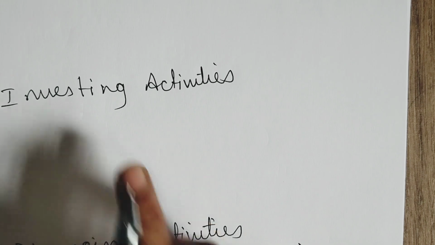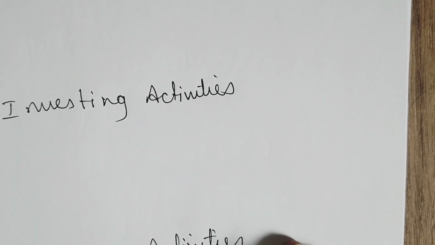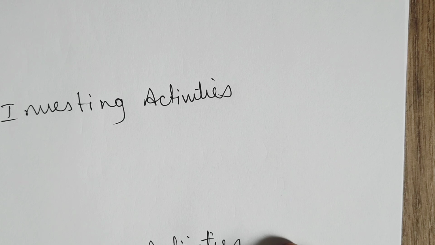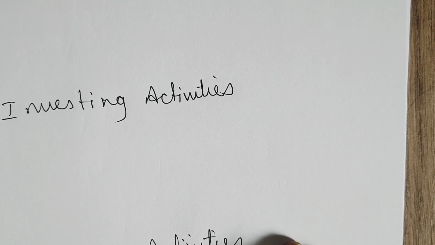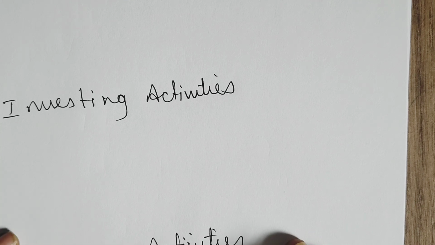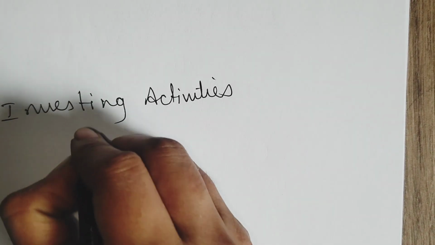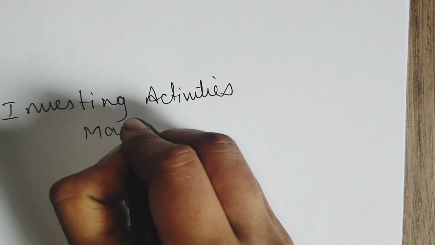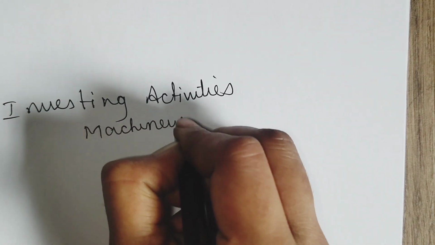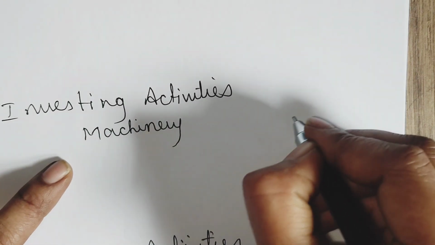Now let us go to investing activity. Now you will do investments. I told you four factors of production, right? It's very important. Now we have covered capital. Land, right? Land means investment activity. You have invested in machinery. You purchased machinery. When you purchase, is cash going out or coming in?